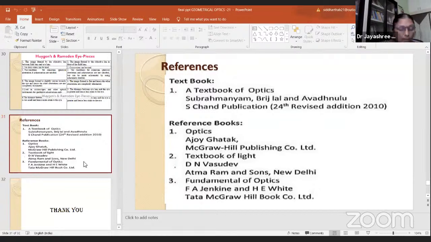Then there are the kinds of eyepieces, the Huygens eyepiece and the Ramsden's eyepiece.